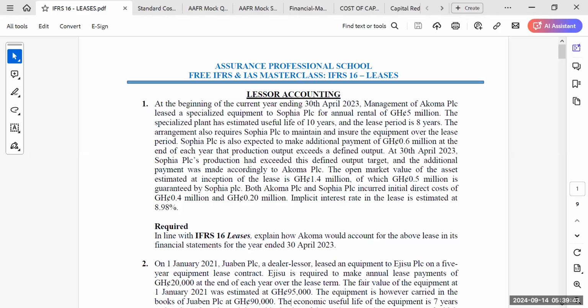Both Akuma PLC and Sophia PLC incurred initial direct costs of 0.4 million and 0.2 million. The implicit interest rate in the lease is estimated at 8.98%. In line with IFRS 16 Leases, explain how Akuma would account for the above lease in its financial statements for the year ended 30th April 2023.